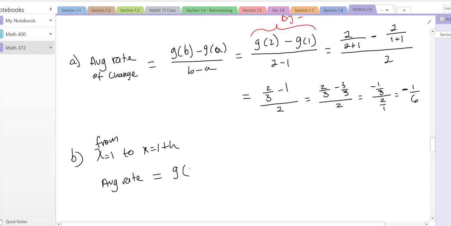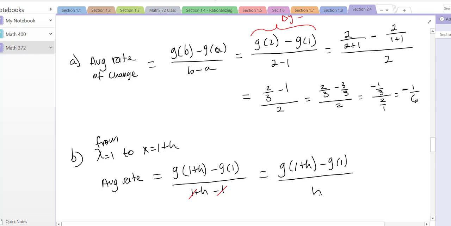So g of 1 plus h minus g of 1 over 1 plus h minus 1. So notice that the 1's cancel, and so we're left with this difference quotient type thing, g of 1 plus h minus g of 1 over h.